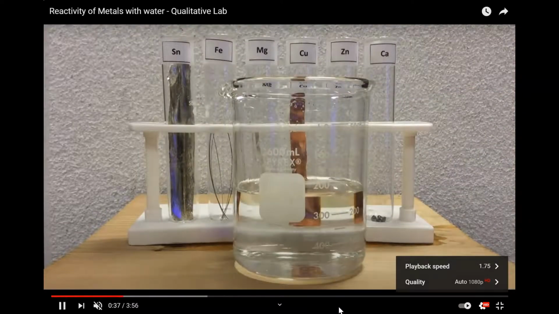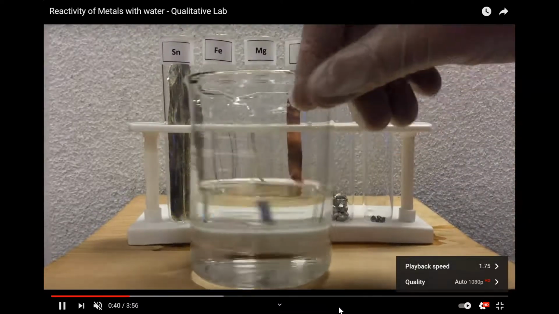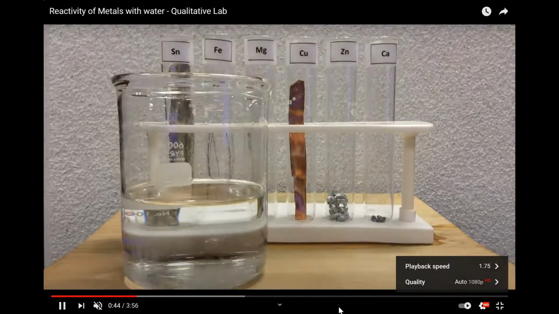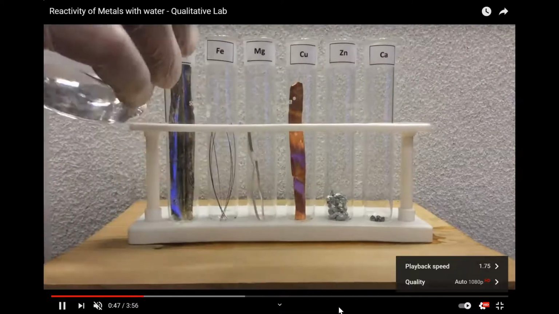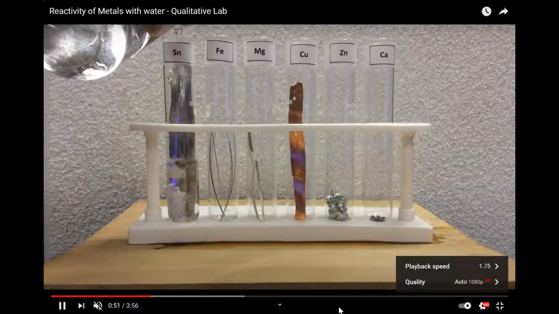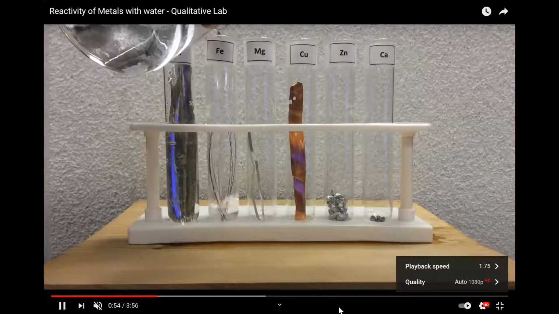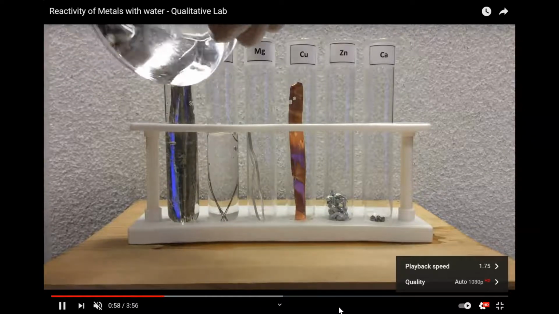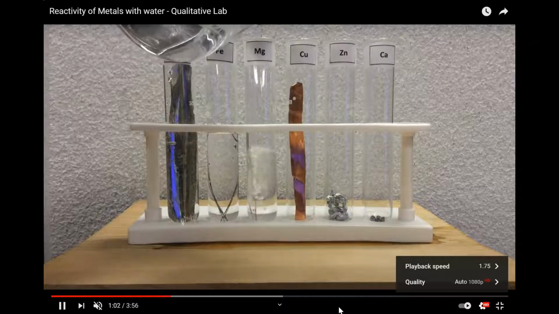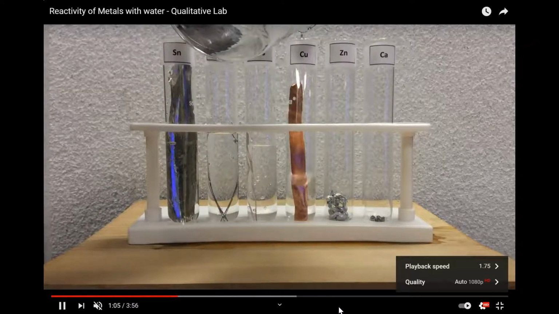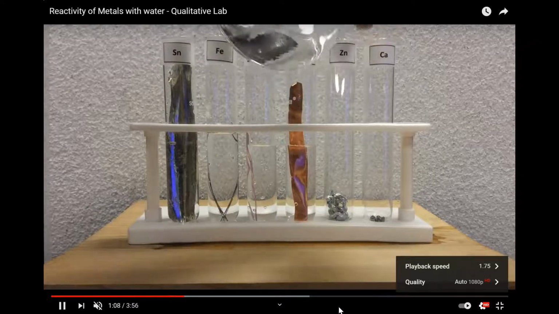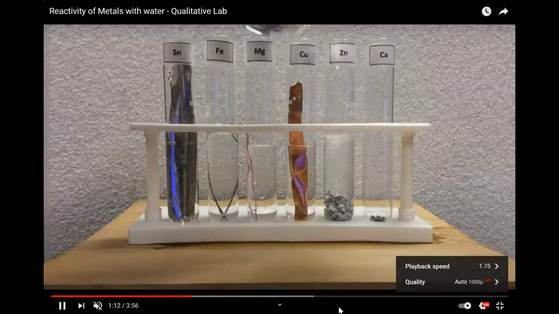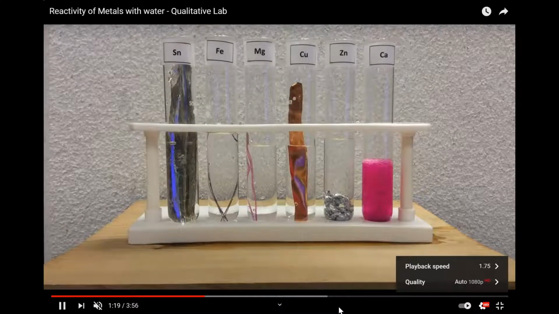So we've got them in the order tin, iron, magnesium, copper, zinc, and calcium. And we're looking also, perhaps the metal will dissolve, and we should see some bubbling if we've got a reaction going on. I'm not seeing anything, a bit of pink on the magnesium almost immediately. There you go. So 2 really strong reactions that are very, very obvious.